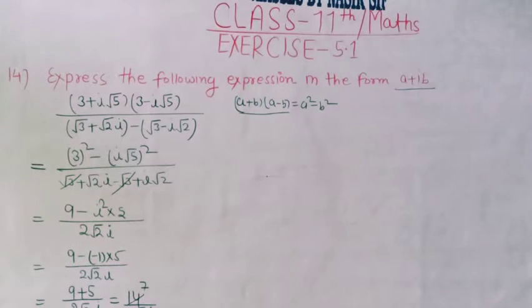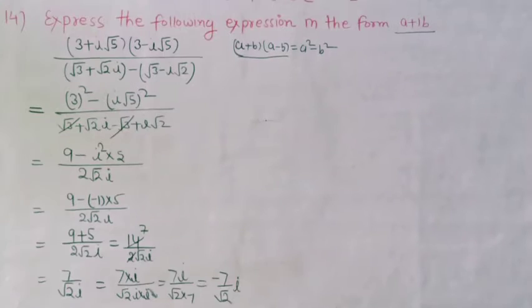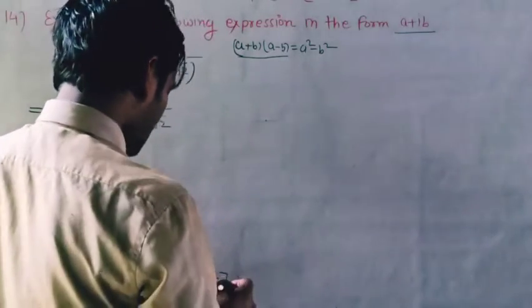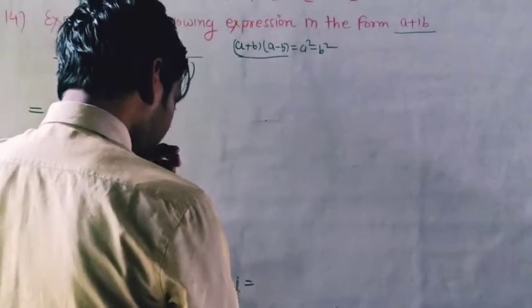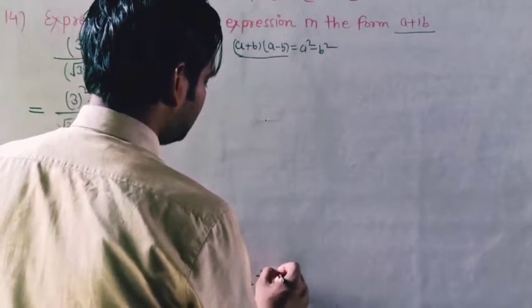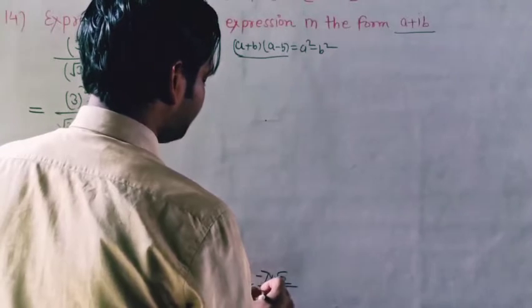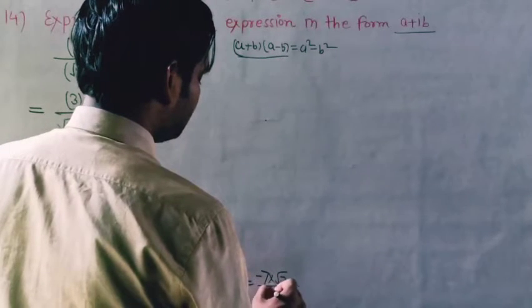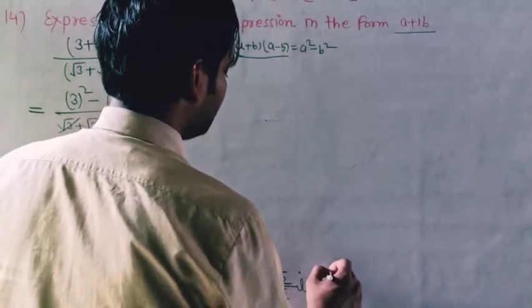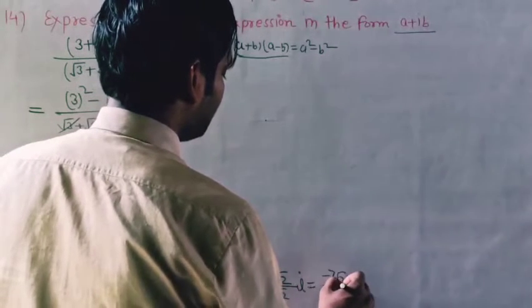Okay, and after rationalizing this number, it becomes minus 7 into root 2 upon root 2 into root 2 i, which is equal to minus 7 root 2 upon 2 i.